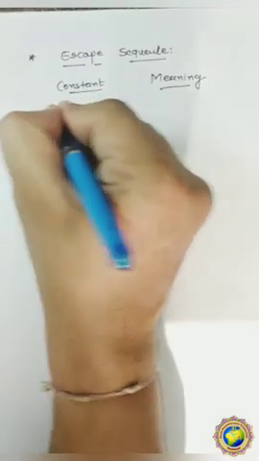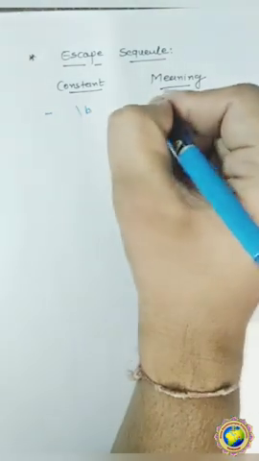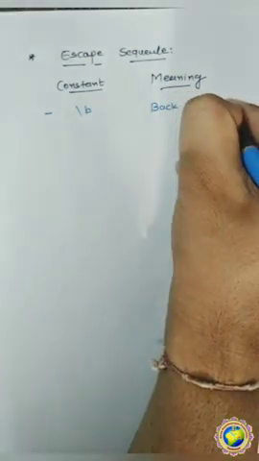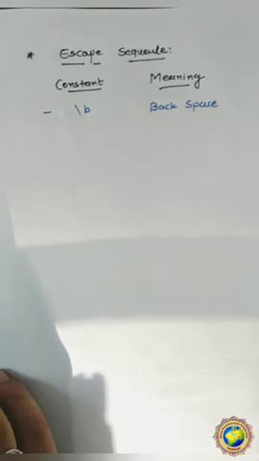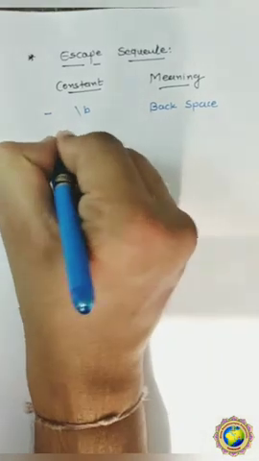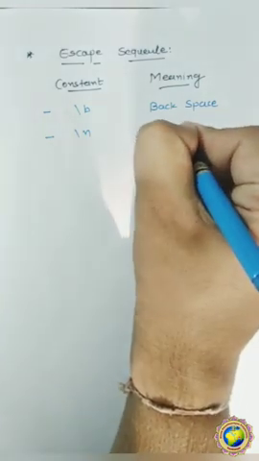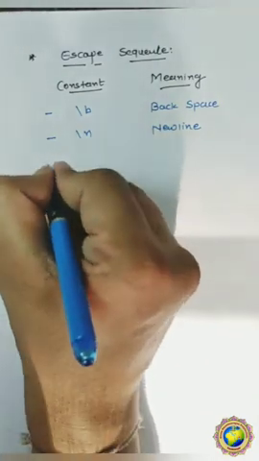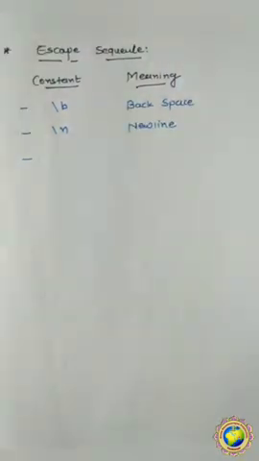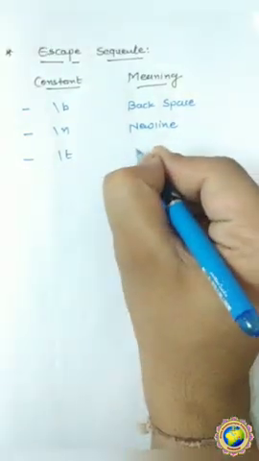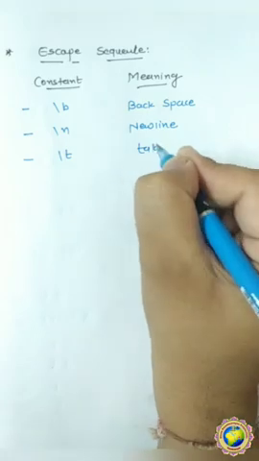The first one is \b which is used for a backspace. \b is used for a backspace. Then \n is used for a new line. Then \t is used for a tab.